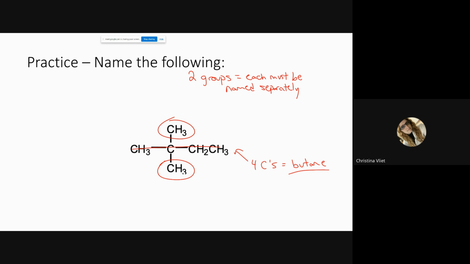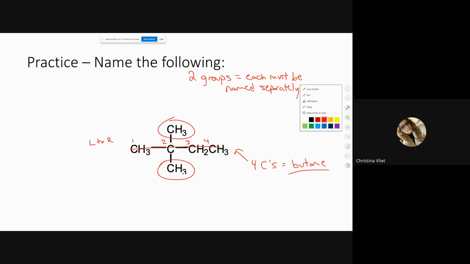So then, the next thing is to number my chain. Should I be numbering this carbon chain left to right or right to left? Once you get a good feel for it, you'll just be able to figure it out. If this is my first carbon, then my substituents would be on which carbon in the chain, if I go left to right? It's going to be left to right because the smaller number will be 2.